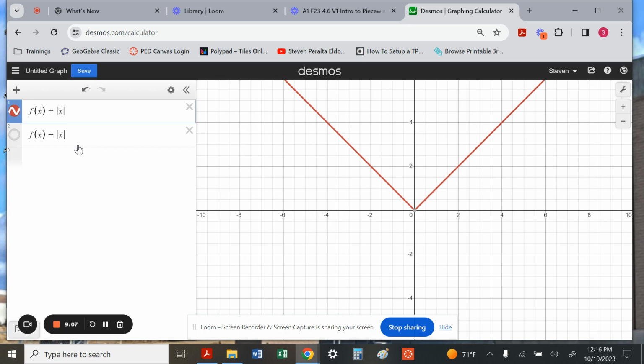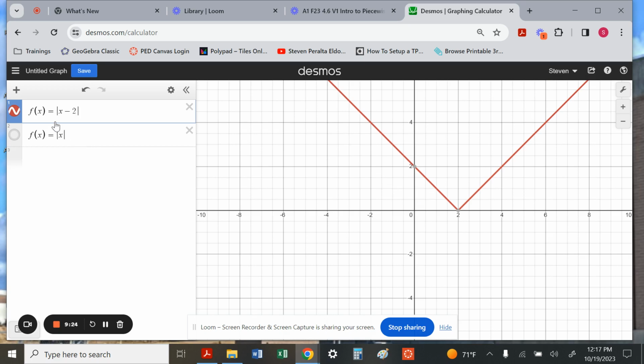So what we're going to do is move it. Let's go ahead and move this function to the right 2. If I want to go to the right 2, I'm going to subtract 2. Remember, if I'm going to the right or left, I do the opposite. So I'm going to subtract 2. Now I'm going to put a negative in front of here. Let me put parentheses around this, and the only reason is because I want to show you what happens.